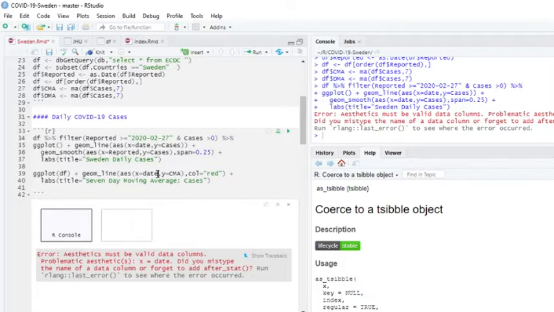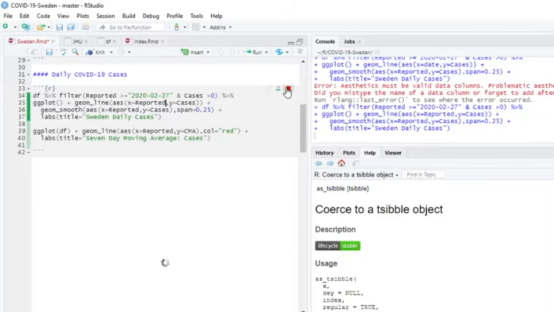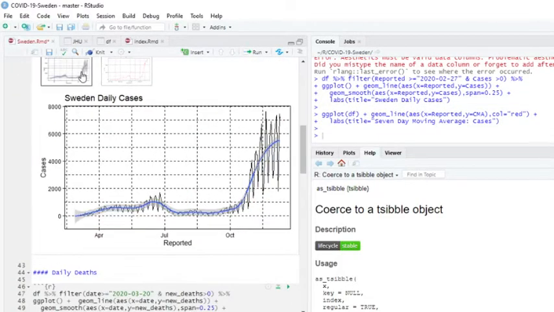Okay, the trouble is I switched databases. I switched it too soon. Okay, here we go.